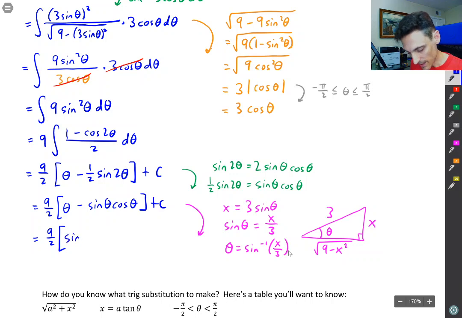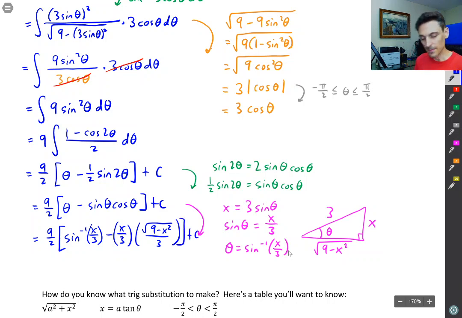Okay. So that is all we need. So we have 9/2 times the quantity, inverse sine of x over 3, minus sine theta, which we said was x over 3, and then cosine theta, which we said was the radical 9 minus x squared over 3. And then we have our plus c at the end. The last thing to do would be to simplify.